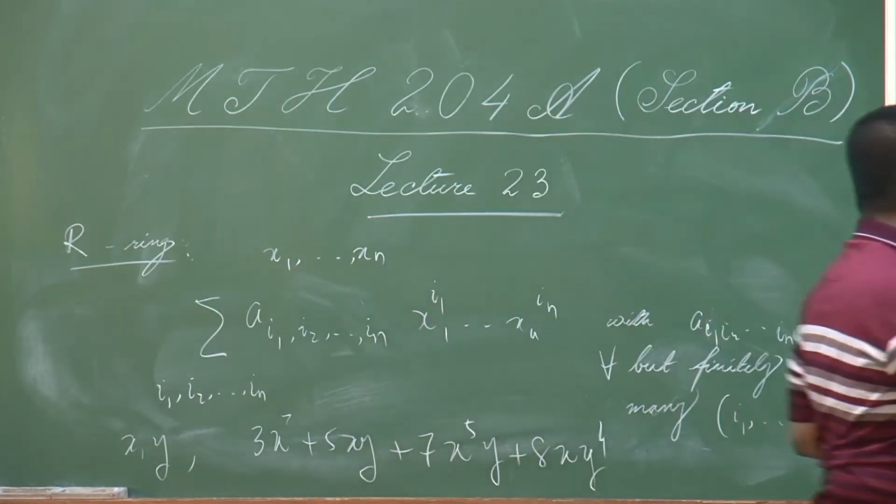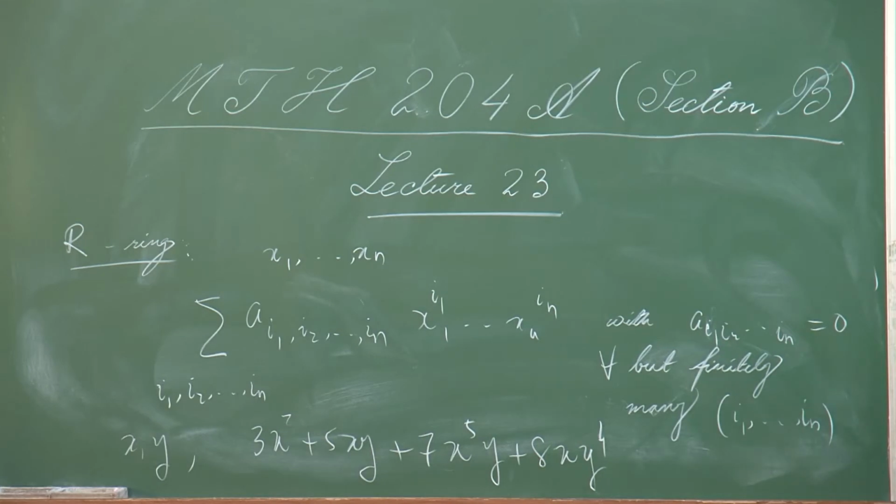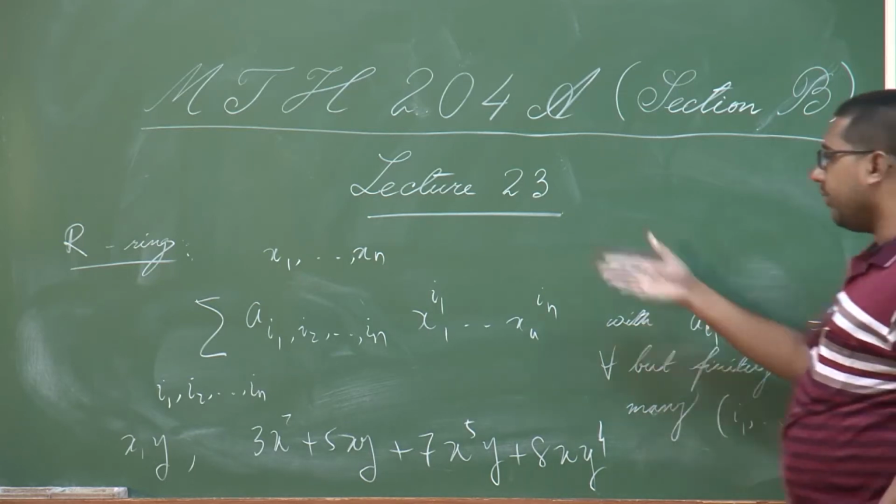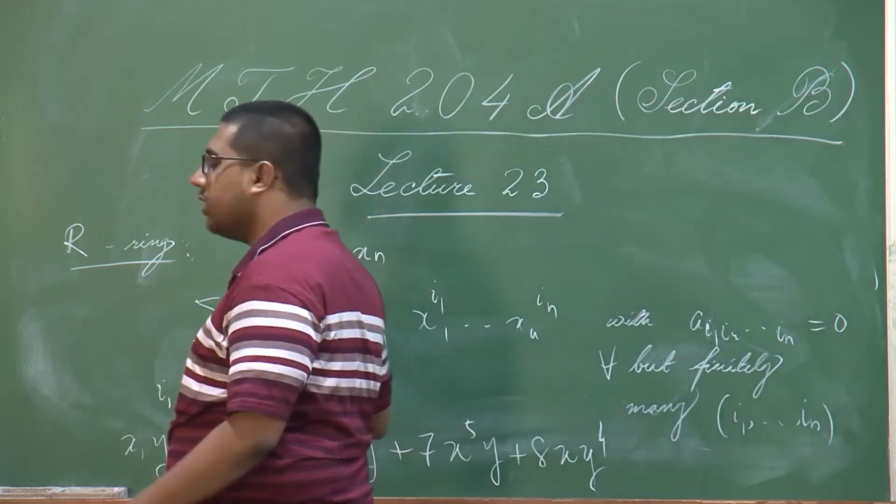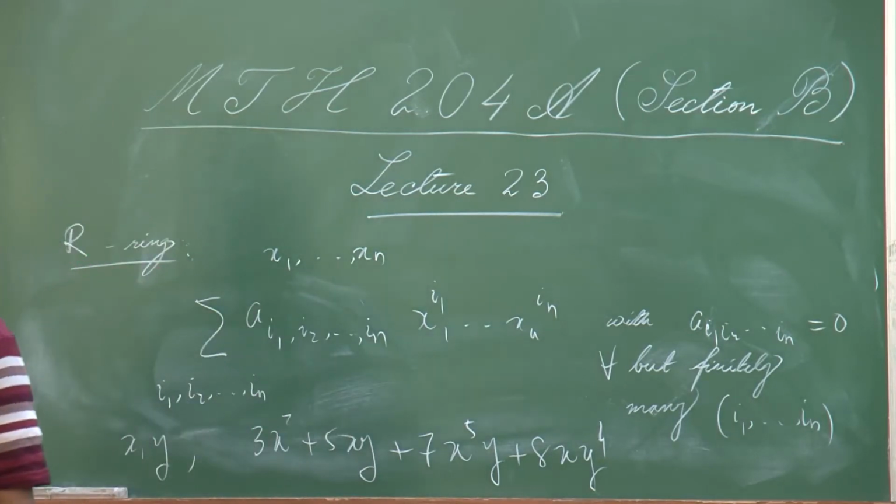Of course I should tell you the formal definition as well. The formal definition of a polynomial in several variables is like what it was when n was 1: sequences. What is a sequence?